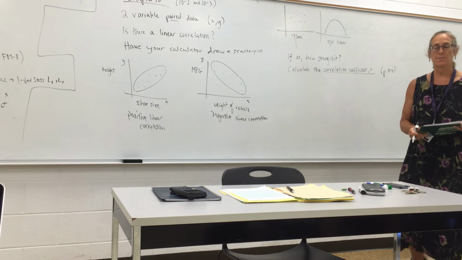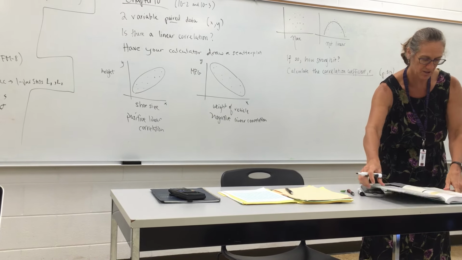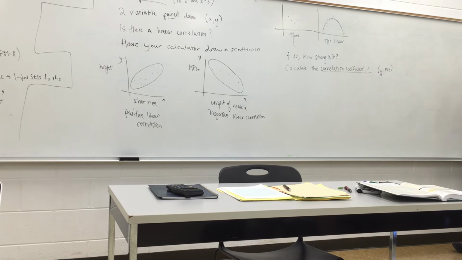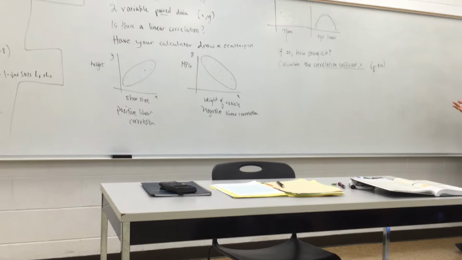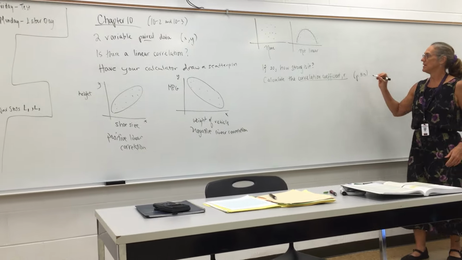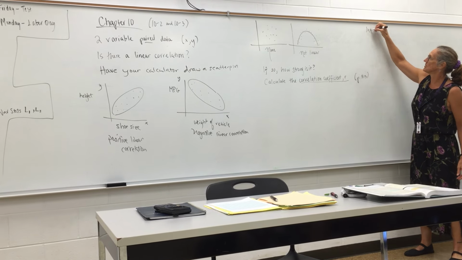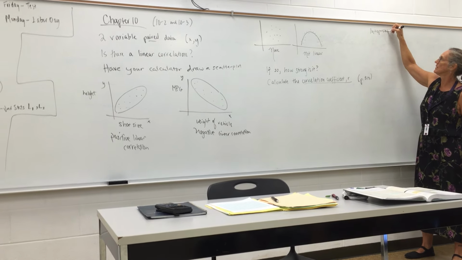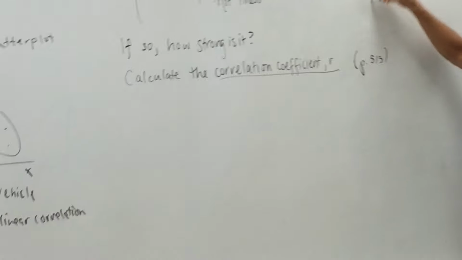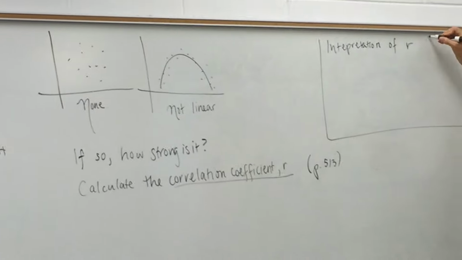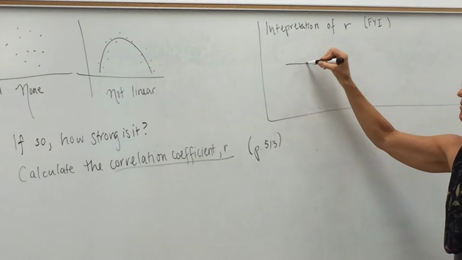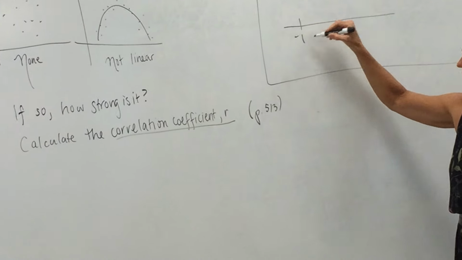There is some interpretation of this correlation coefficient that your homework is going to ask you about, and that is good to know, but on the test I'm just going to say what's R, what's the correlation coefficient. But the interpretation of R, it's kind of an FYI, is basically it's always going to be between -1 and 1.